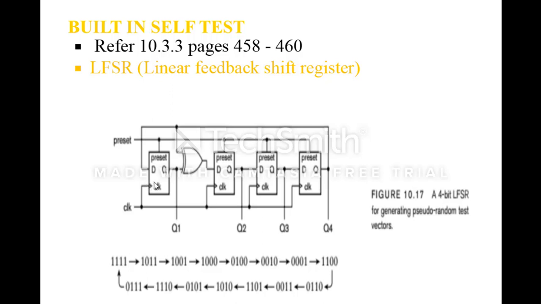For every clock after loading an input, we can analyze the circuit, and it will provide this sequence. But there are not 16 combinations. As you can count here, it has only 1, 2, 3, 4, 8 plus 4 is 12, plus 3 is 15. So one combination is missing. This is the disadvantage of the linear feedback shift register, which generates pseudo-random sequences but not all the combinations.